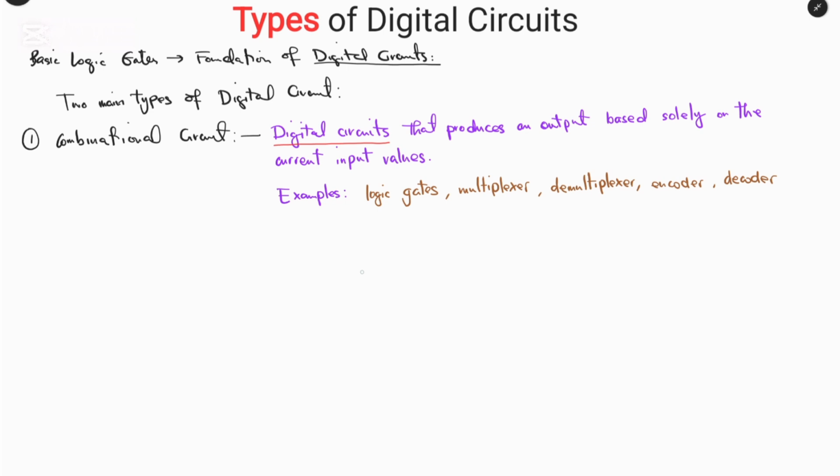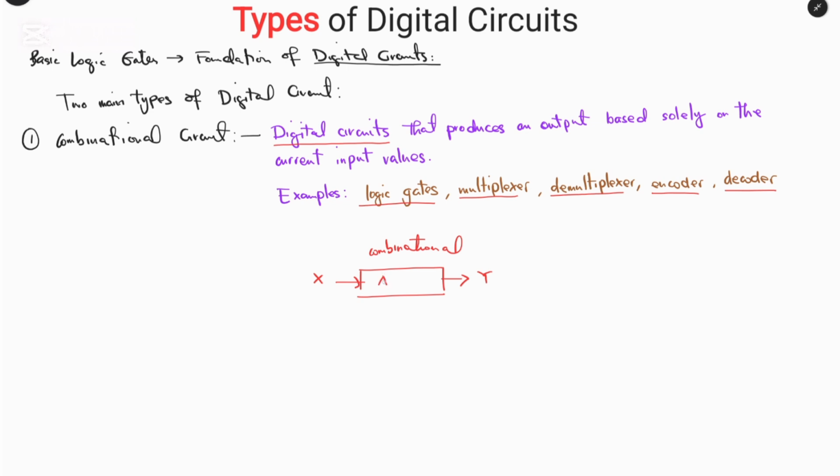If I draw a block diagram to represent a combinational circuit, it can be a logic gate itself, a multiplexer, a demultiplexer, encoder, decoder, and so on. By definition, it produces the output Y based on the input X.